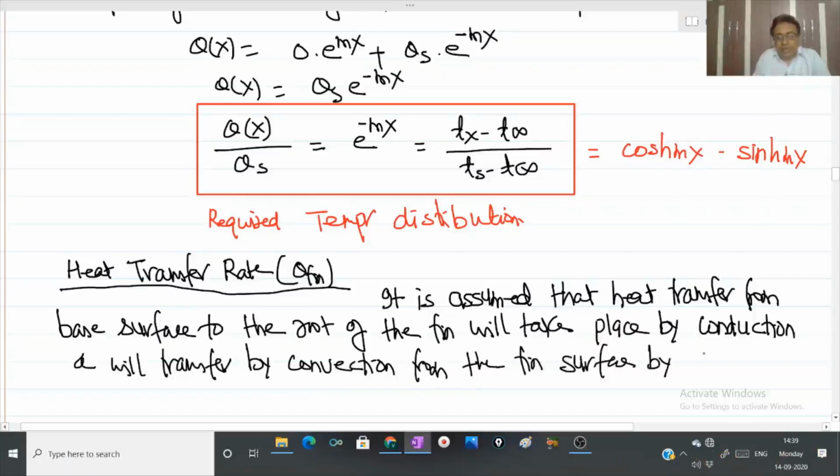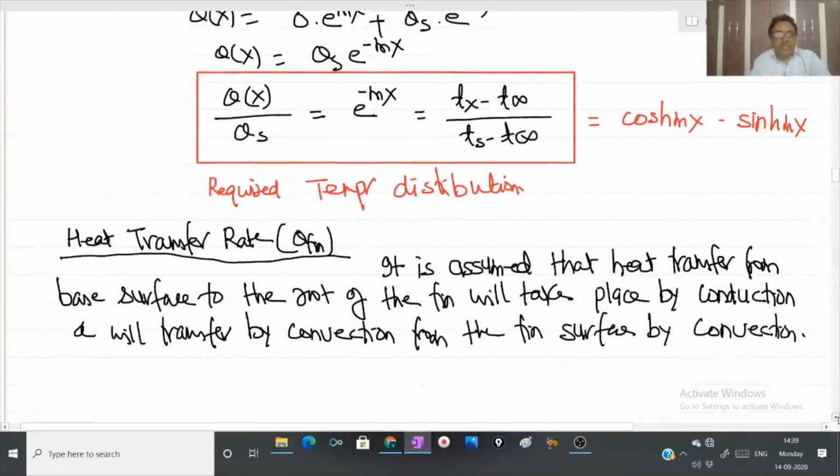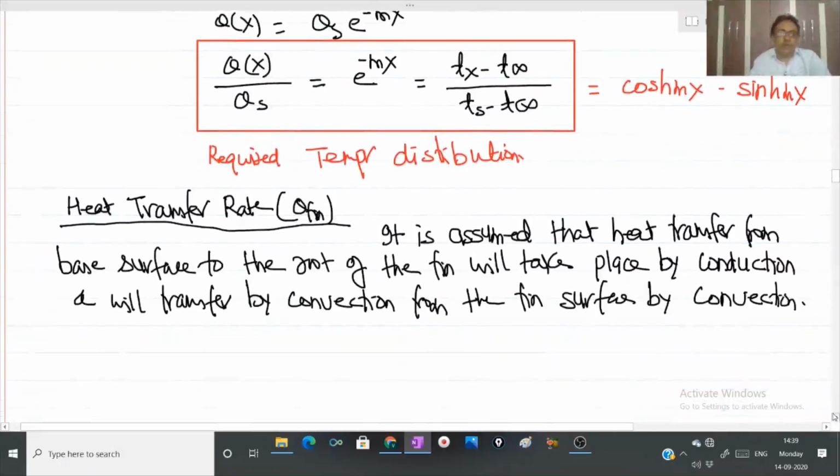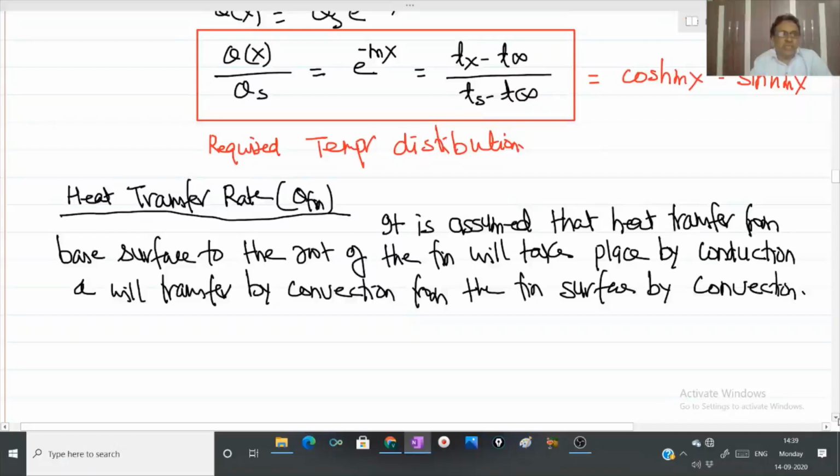This thing we have assumed. So basically, the heat transfer from the root of the fin by conduction will be the heat transfer by fin.